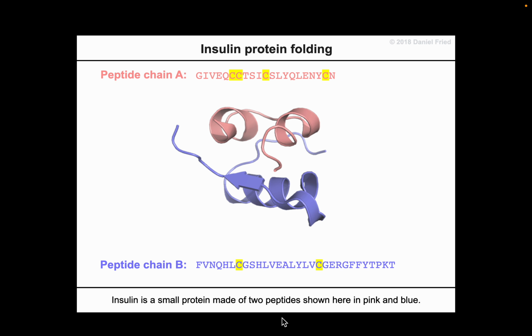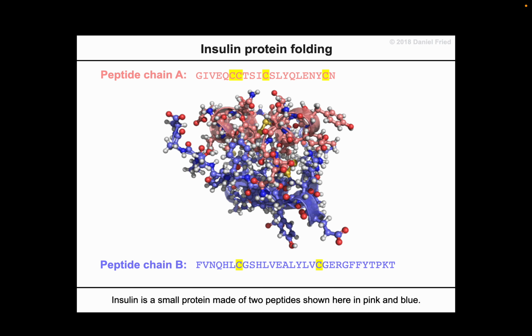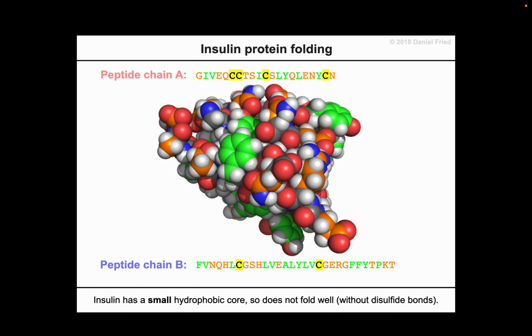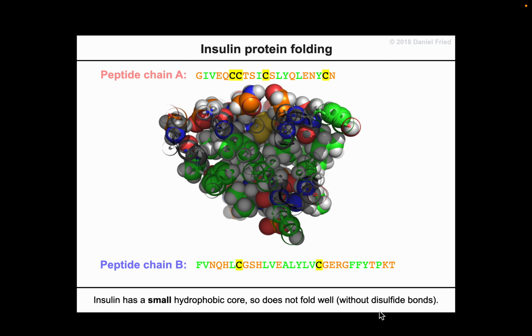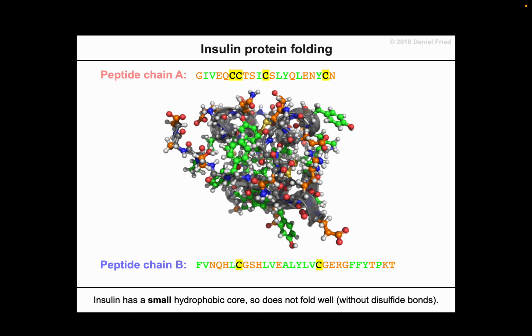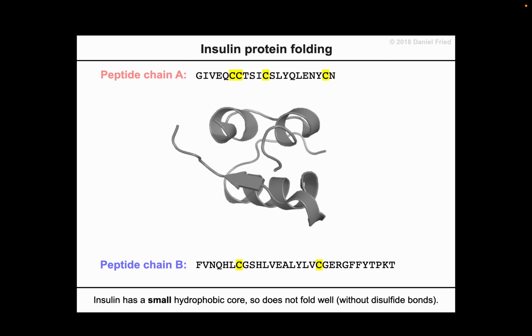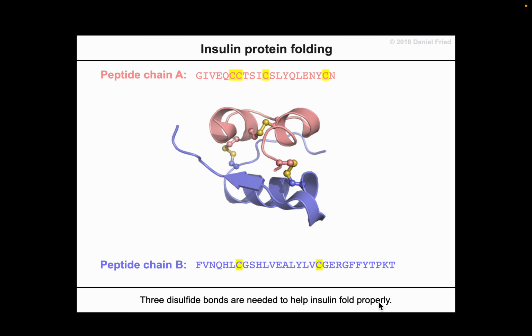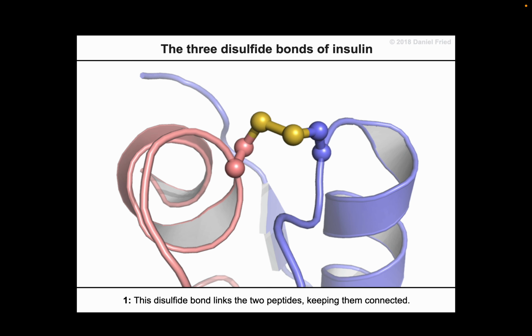Insulin protein folding. Insulin is a small protein made of two peptides shown here in pink and blue. It's a pretty small thing. Insulin has a small hydrophobic core, so it does not fold well without disulfide bonds. However, 3 disulfide bonds are needed to help insulin fold properly.